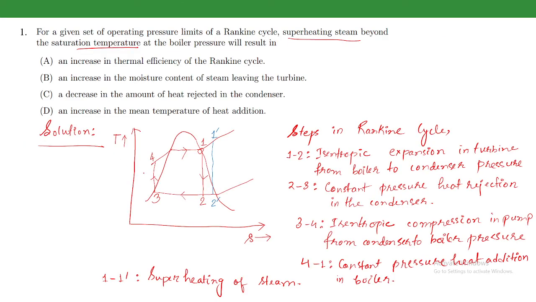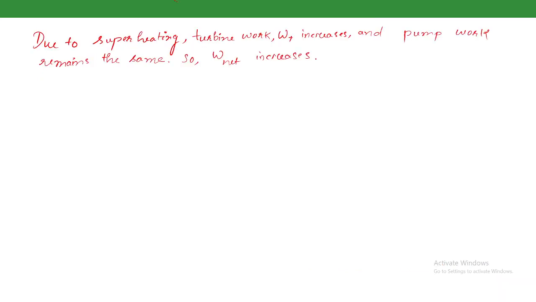But when the point moves to 1 dash, the heat added Q_in also increases. Efficiency is W_net by Q_in, so since both are increasing, from this we cannot ascertain whether the efficiency is increasing or not.